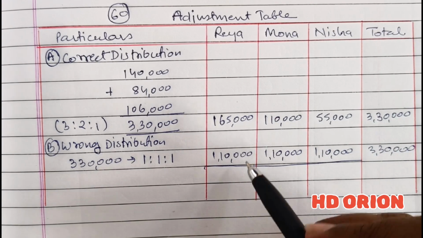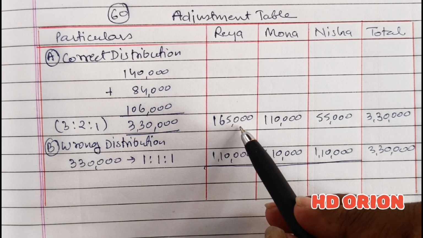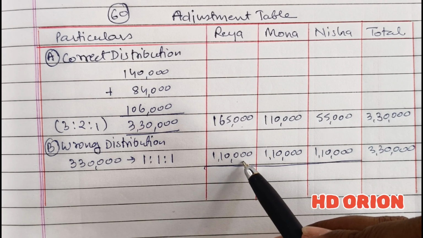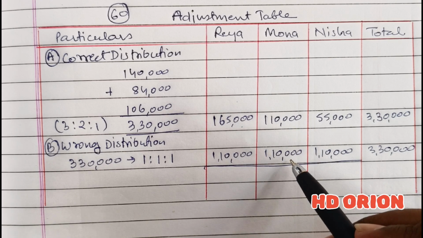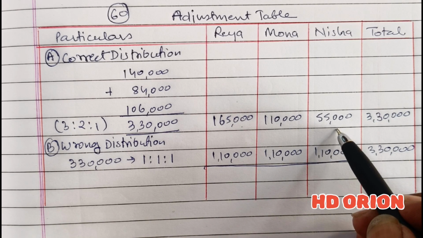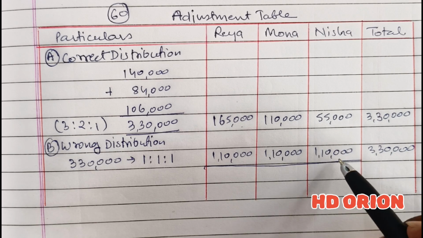So when we compare this, Ria was supposed to receive 1,65,000 and she has got 1,10,000. Mona was supposed to receive 1,10,000 and has got the same, and Nisha was supposed to receive 55,000, but by wrong calculations she has received more, that is 1,10,000.